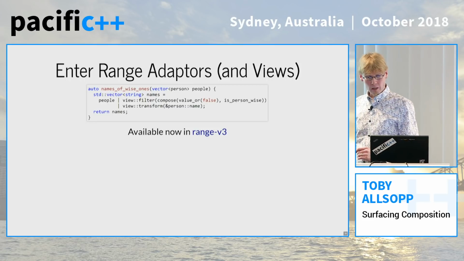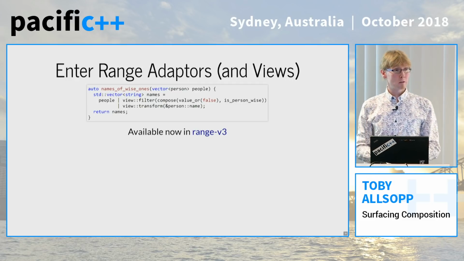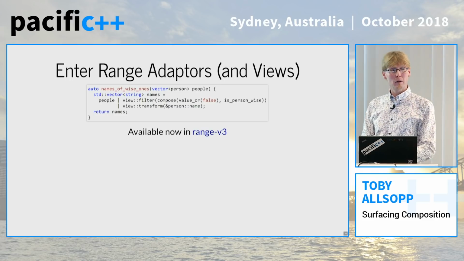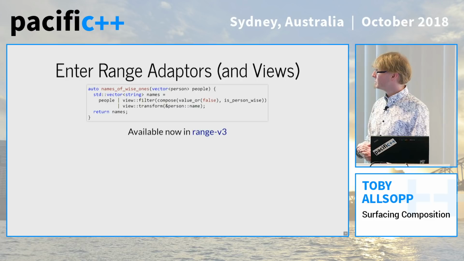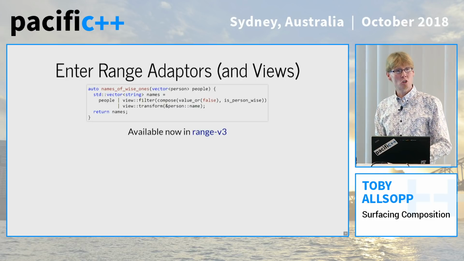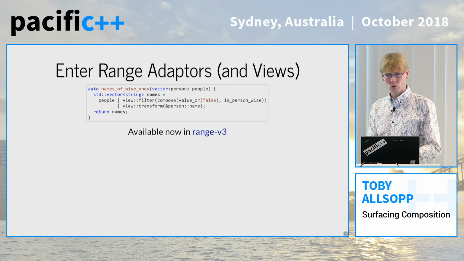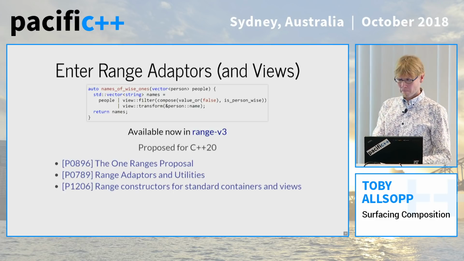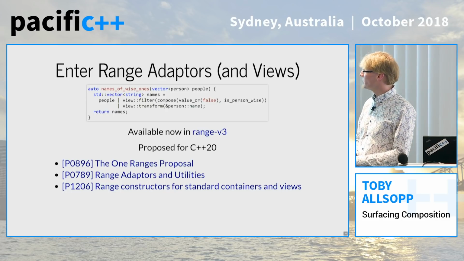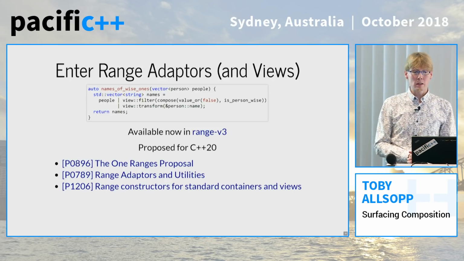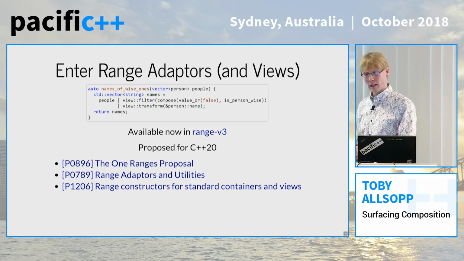Range v3 requires quite a conforming C++11 compiler, which unfortunately, as far as I know, means a very, very recent version of MSVC if you're using the Microsoft toolchain. And even then, I'm not entirely sure whether it works. But this stuff is proposed for C++20. So if you want to go and read the proposals from the latest mailing, you can.